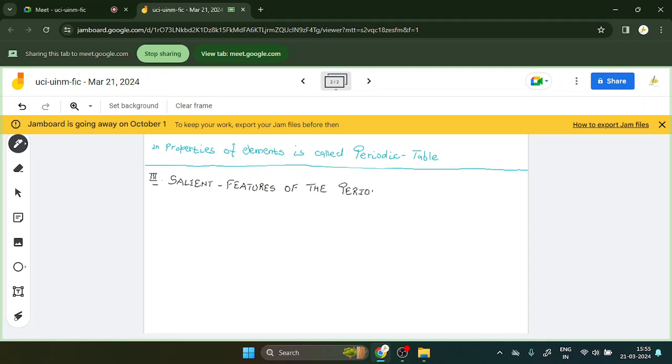The periodic table, we know very well, includes the groups and it includes the periods.